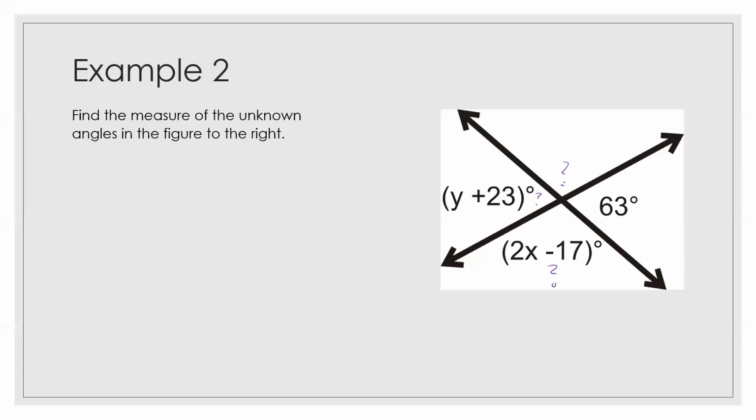Actually, that's not a very good question, is it? We know that this is 63 degrees, right? So instead of find the measure of the unknown angle, I would say find the value of X and Y. Okay, let's do that.